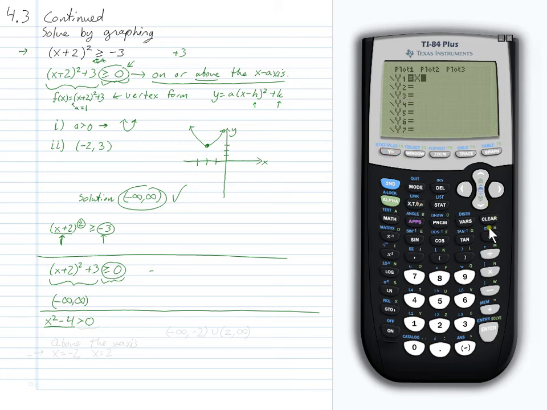So going in and clearing out what we've got, x squared minus 4, and graph, and again the standard window should work. Now here I see that part of my graph lies above the axis, part of it lies below, and part of it lies on the axis. So my inequality of interest says we want the part above only, strictly above, the x-axis.